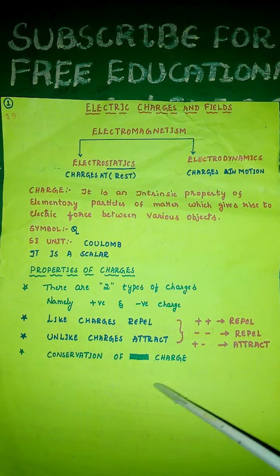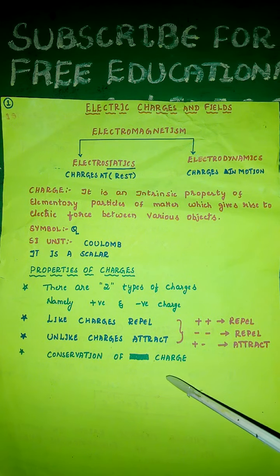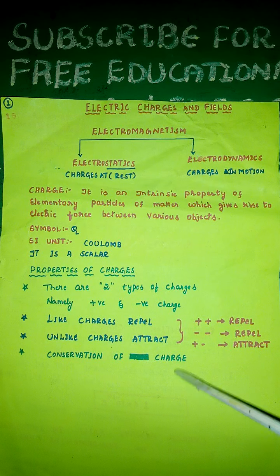Then conservation of charge. You might have heard that conservation of charge means charges cannot be created and cannot be destroyed. Only charges can be transferred from one object to another object. So total charges are conserved, right?